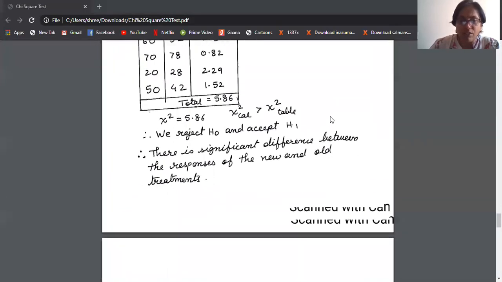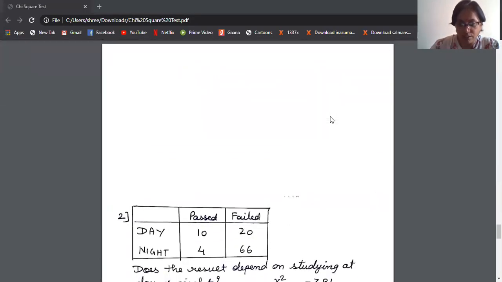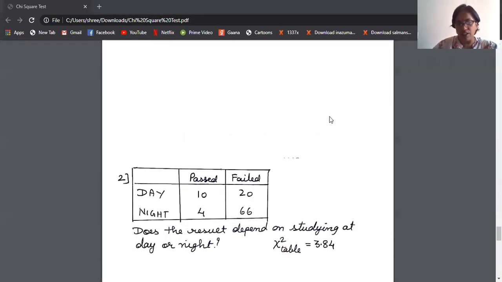Okay, now the next question. Yes, now the data is collected from some students. Some of the students study during the day, and some of them study during the night. Now out of those who study by day, 10 have passed, 20 have failed, and for those who are studying at night, the pass and fail numbers are given to you.